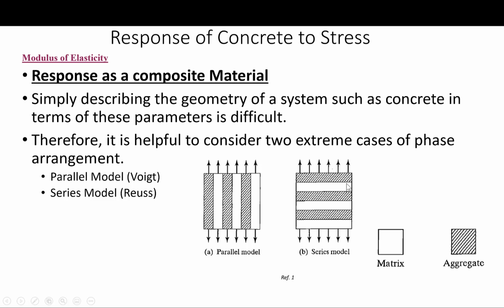The series model, which is this model, is one in which phases are subject to uniform stress. These elements here are all subject to the same stress. It provides the lower bound solution. This is the upper bound solution because we have here uniform strain in both phases.